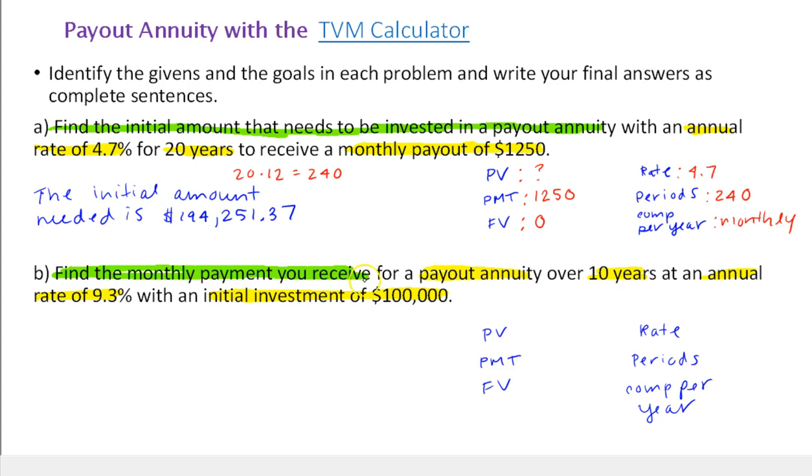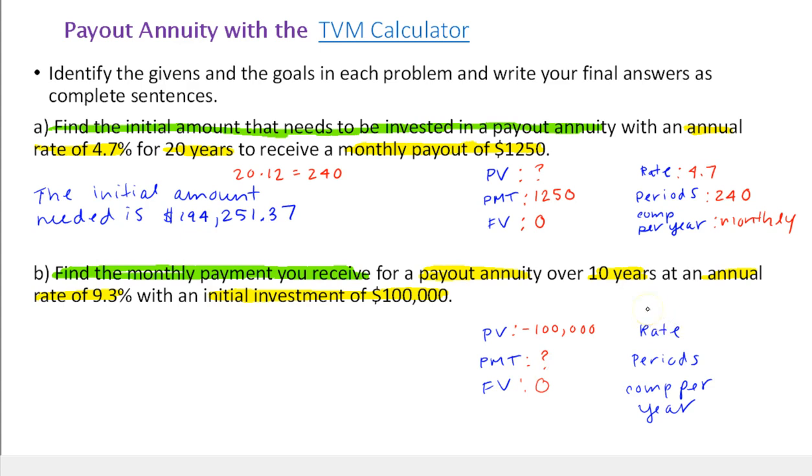So the initial investment is our present value, and again, since you're paying this into the bank, this will be considered negative for this calculator. So negative $100,000. We're trying to find the payment, so we'll put a question mark there. The future value when we're done will be 0 because you'll be paid out all of the money.